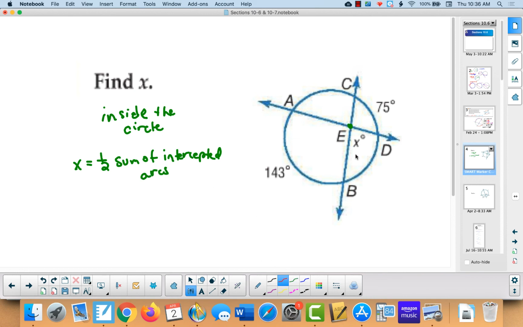The intercepted arcs for angle X are this one and the one in the vertical angle. I don't know those measures, but I know that all four of these arcs add up to 360. So I can do 360 minus 143 minus 75, and that's going to equal the measure of arc AC plus the measure of arc BD.